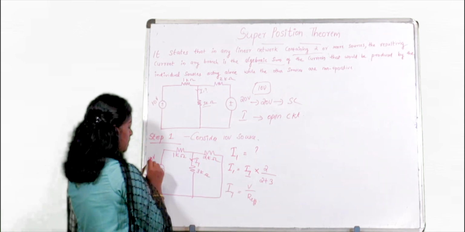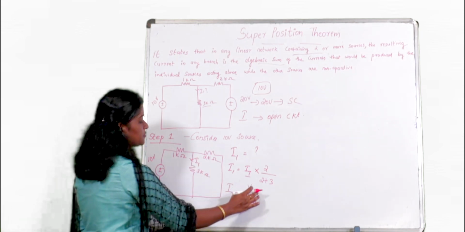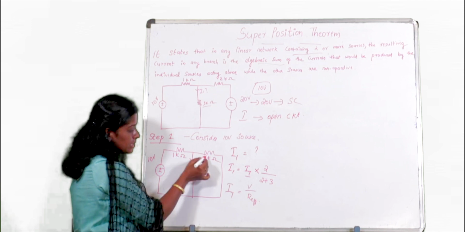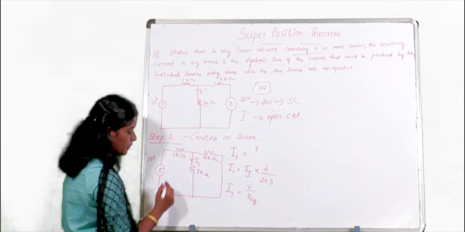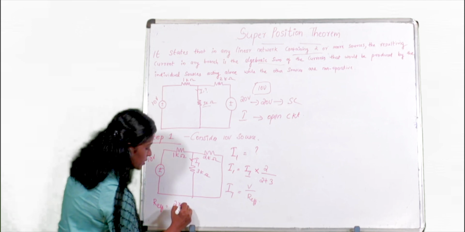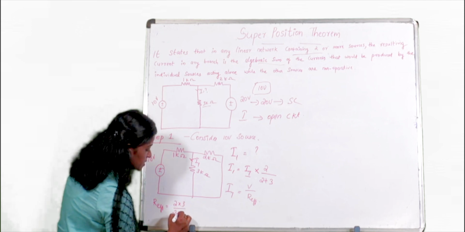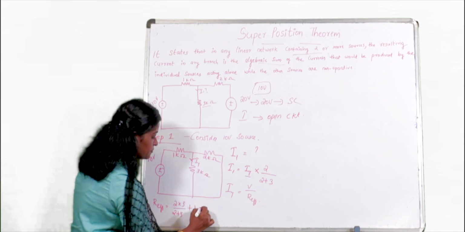Here the source is 10 volt. The 2 and 3 kilo ohm resistors are connected in parallel, which is in series with the 1 kilo ohm. So the effective resistance will be 2 into 3 divided by 2 plus 3, in series with the 1.